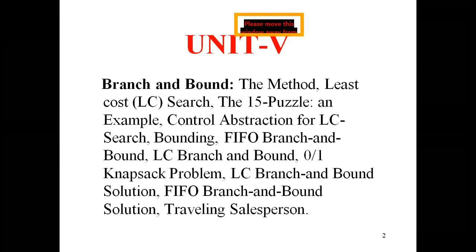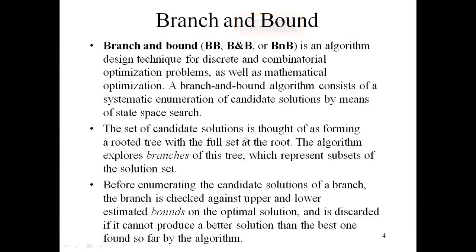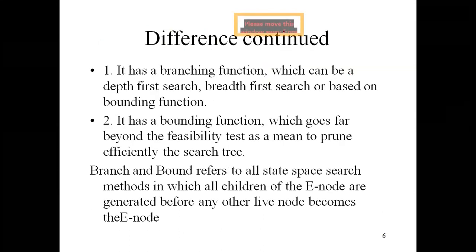First, we will see what is branch and bound, the introduction, the method, and the least cost search algorithm. So the overview is the introduction on branch and bound. We have branch and bound and how it differs from the backtracking technique, already explained.